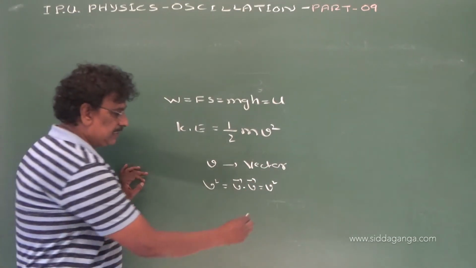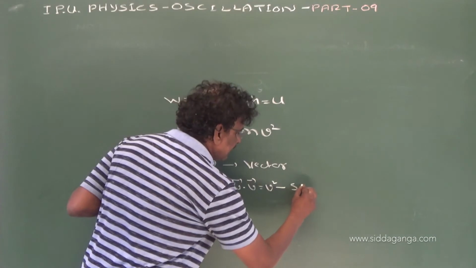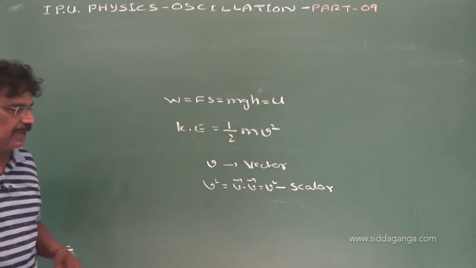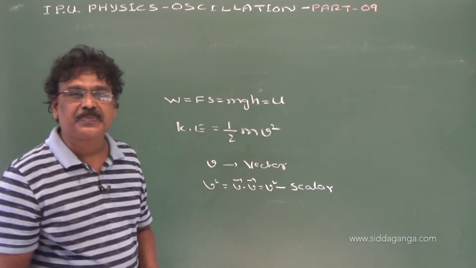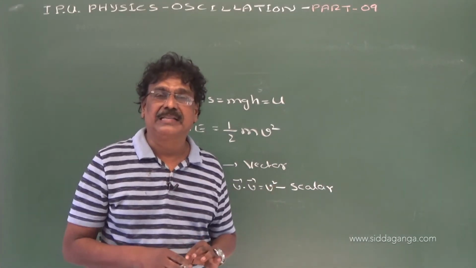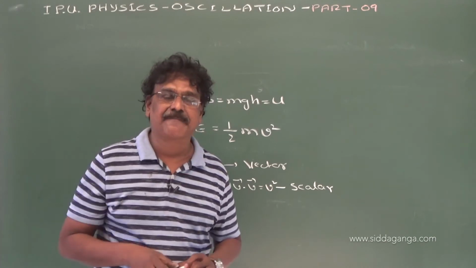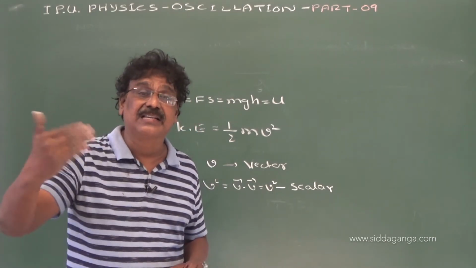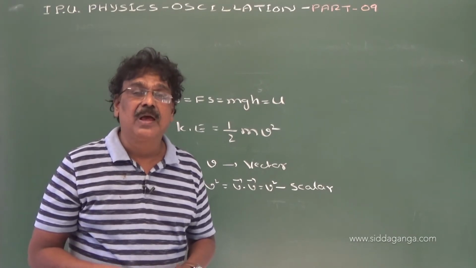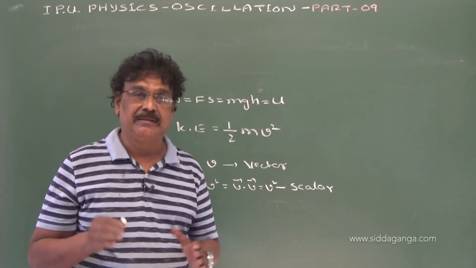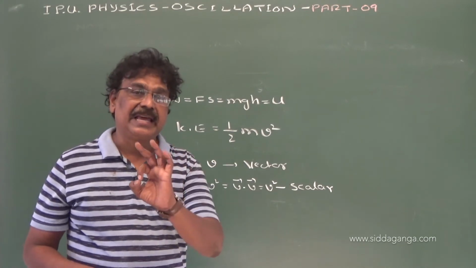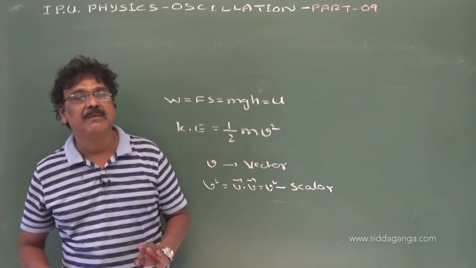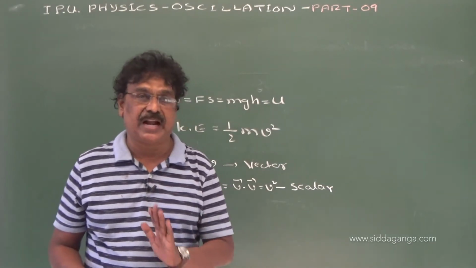This v square is a scalar, that we have discussed in vectors, cross product, dot product, the characteristics of dot product of vectors. Why I am telling here means, here energy is a scalar quantity having only magnitude and no direction at all.